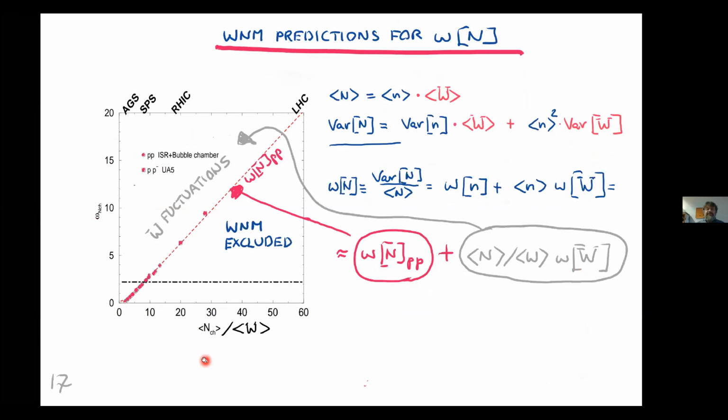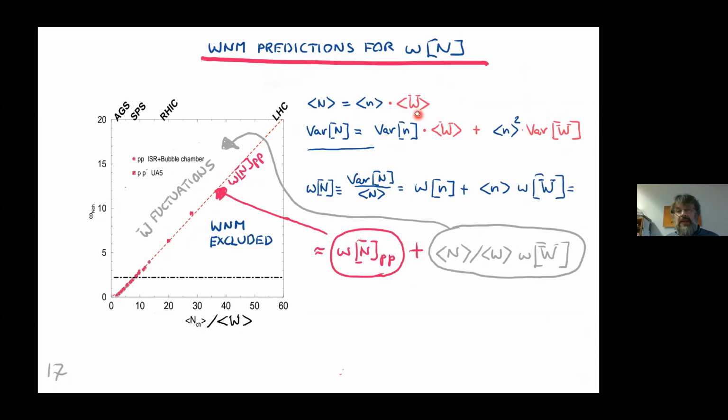Now you take the wounded nucleon model and ask, in a back-of-the-envelope derivation, what is the mean multiplicity in the wounded nucleon model in AA collision, right? Capital N is now in AA collision, nucleus-nucleus. Its mean multiplicity in AA is equal to the mean multiplicity emitted by a single nucleon times the mean number of wounded nucleons. That's very easy. Now, the variance is a bit more complicated.